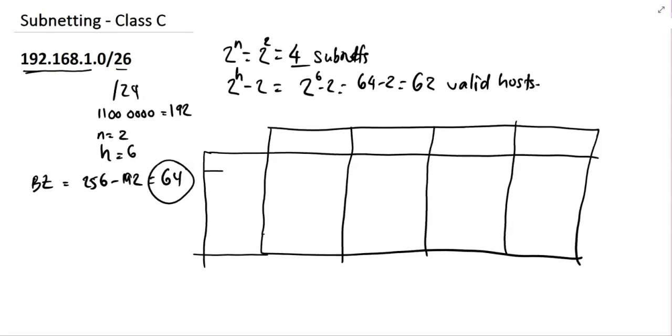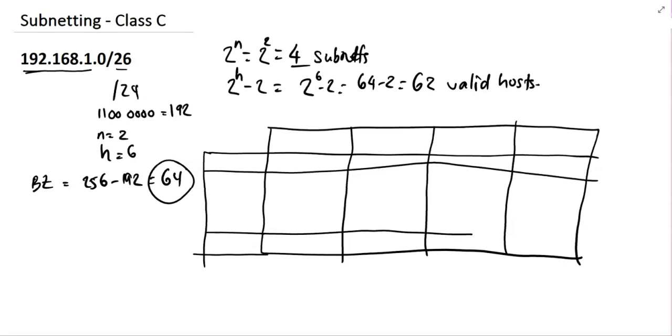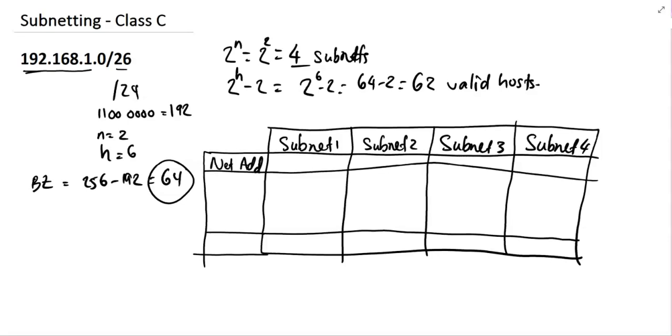If you just use the first 2 addresses to show, you can fill in the rest. So we call them subnet 1, subnet 2, subnet 3, subnet 4. The network address is the first address that cannot be used, and the broadcast address is the last one which we cannot use.